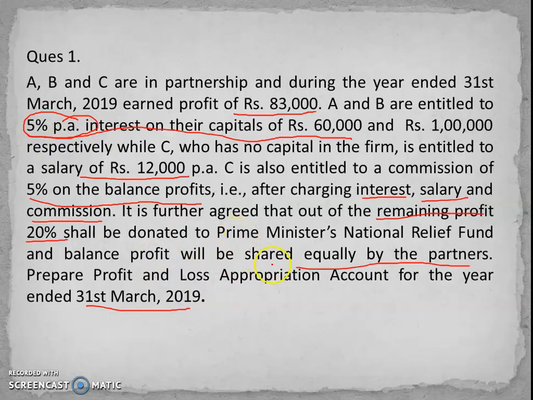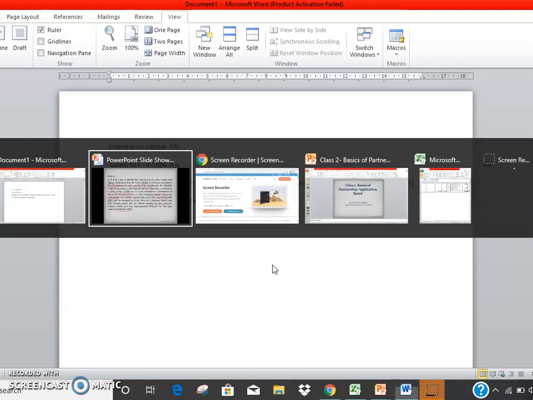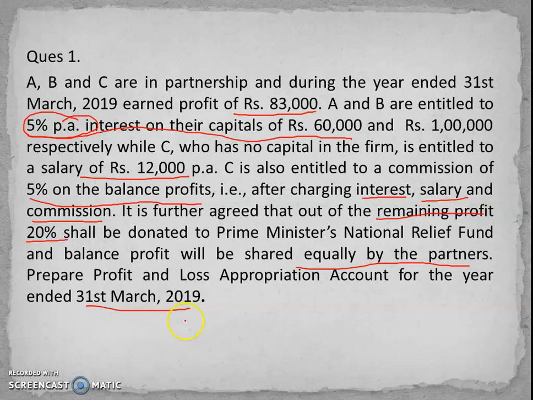And the next point that is being given is after deduction of all the expenses, 20% we have to give as the donation. Clear? So moving on to the solution.